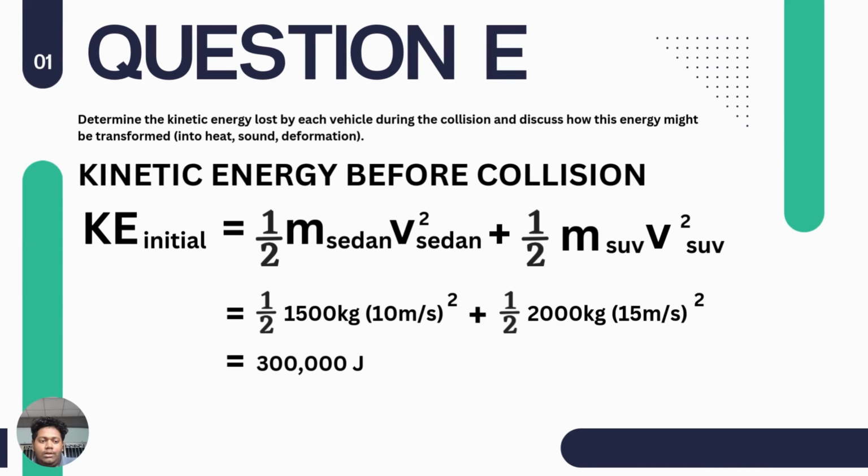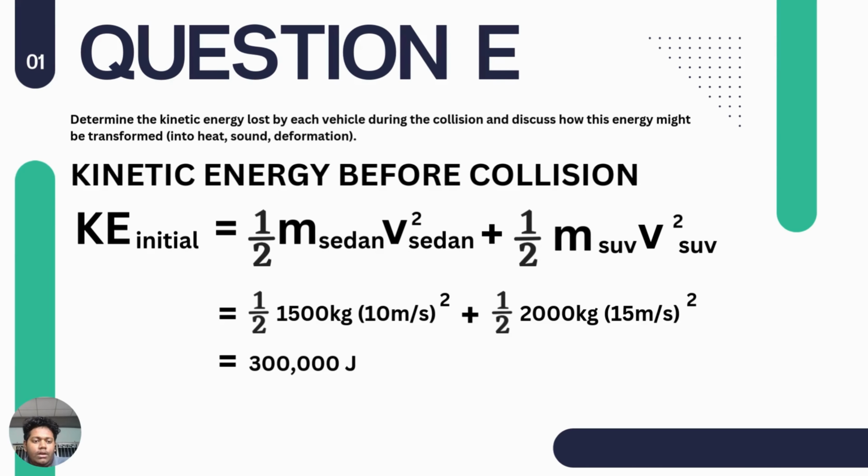So let's start with question E. Determine the kinetic energy loss by each vehicle during the collision and discuss how this energy might be transformed to heat, sound, and deformation. So first we have to find the kinetic energy before the collision.